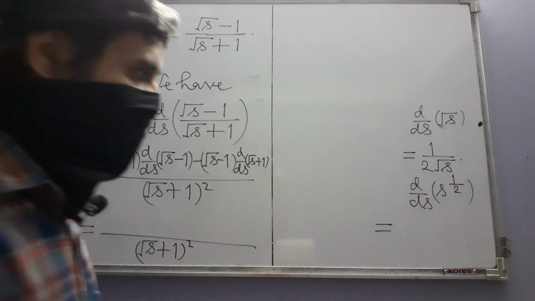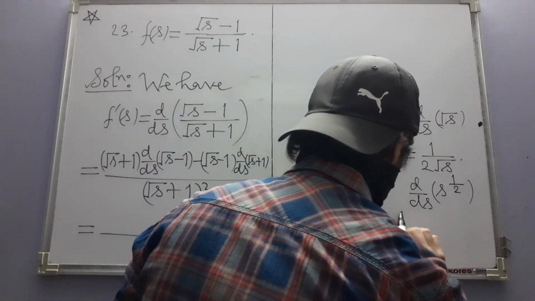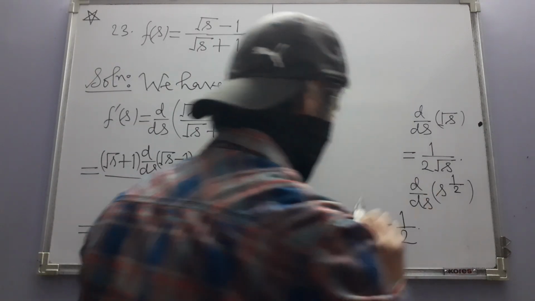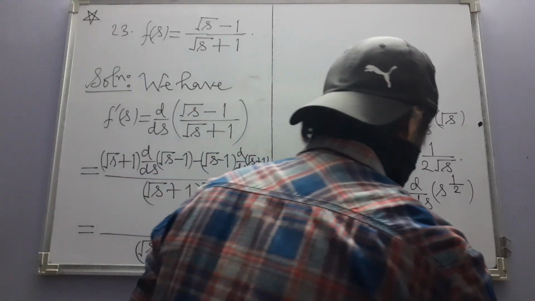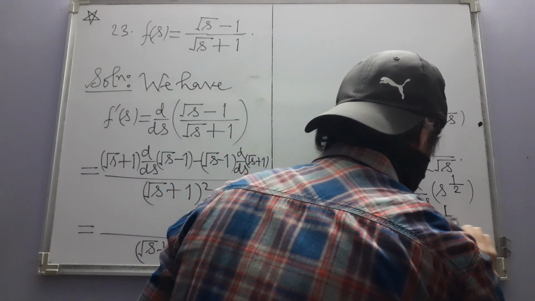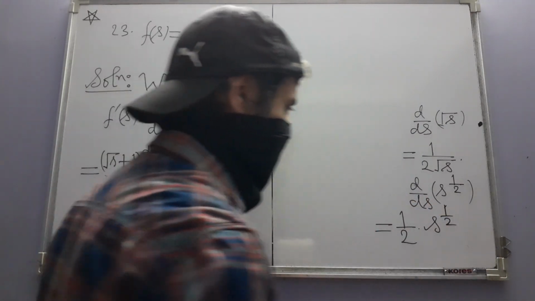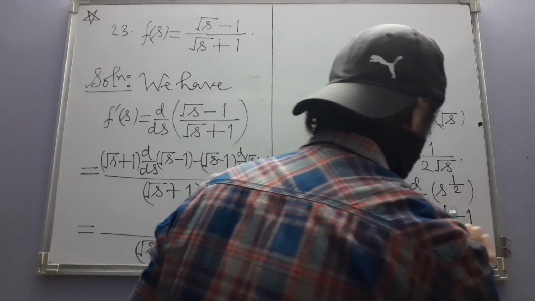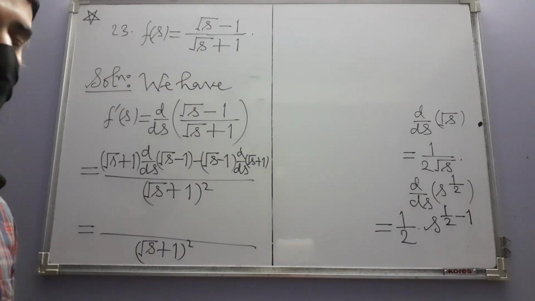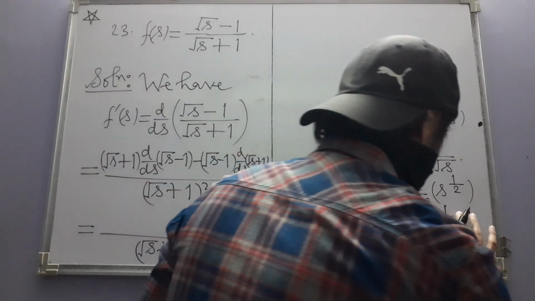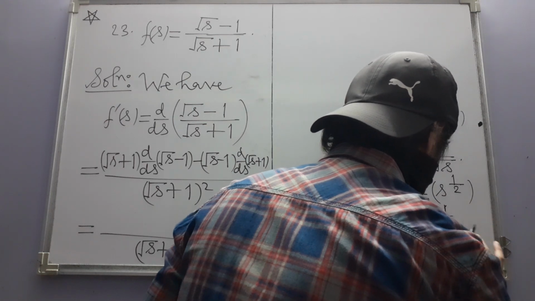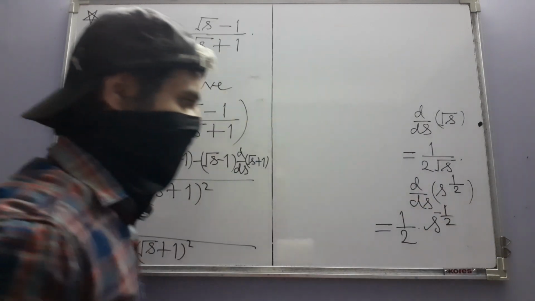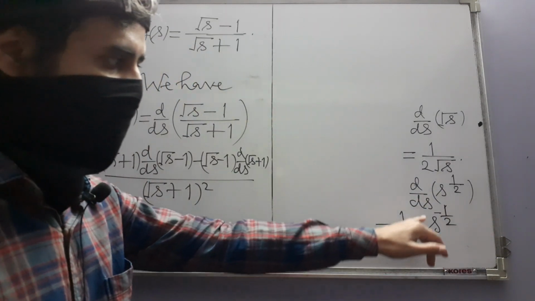Here also let us bring 1 over 2 down, and then you write the original power and subtract 1 from the exponent. That way, 1 over 2 minus 1 is minus 1 over 2, or 1 divided by root s.